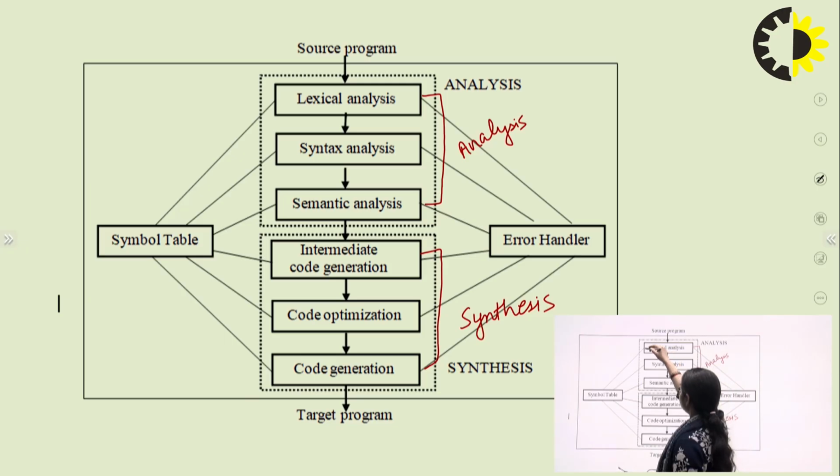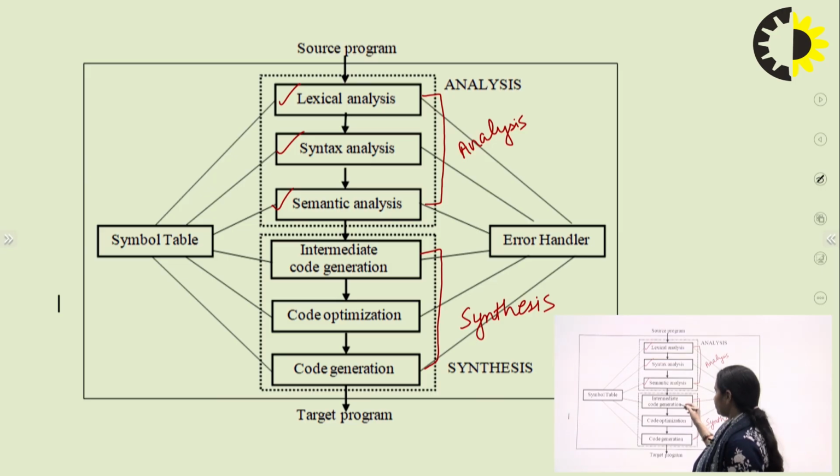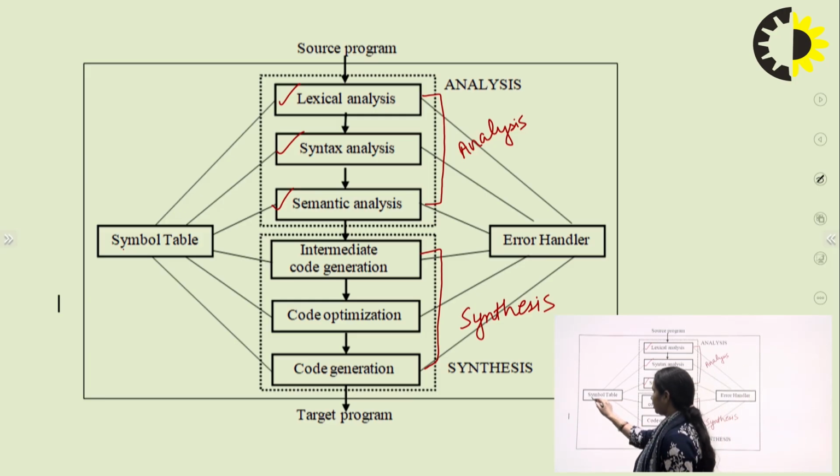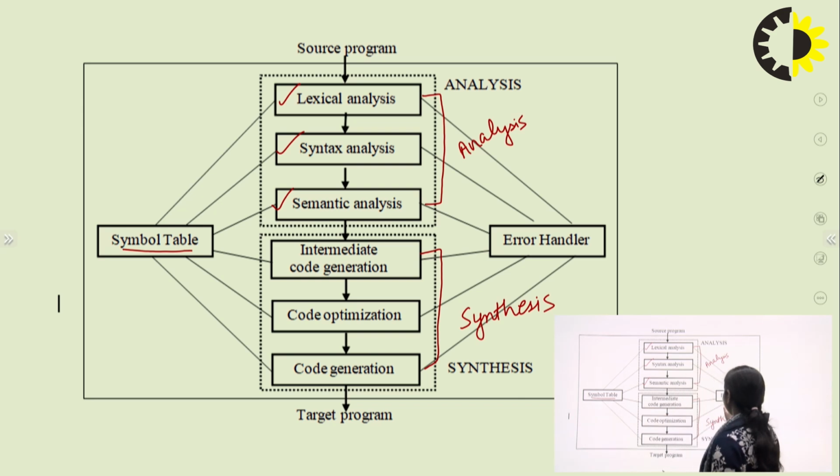In the analysis part, we are doing lexical analysis, syntax analysis and semantic analysis. One by one we will take all these phases. And intermediate code generation, code optimization and code generation are the synthesis part. All these phases are connected with the symbol table and the error handler.